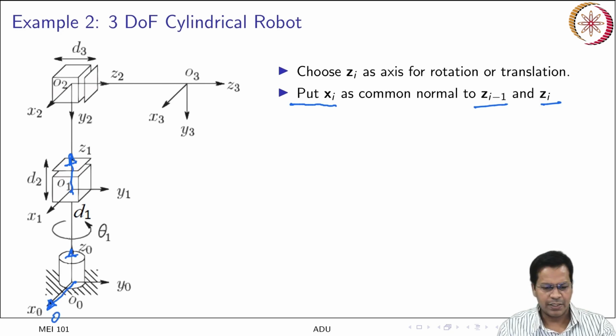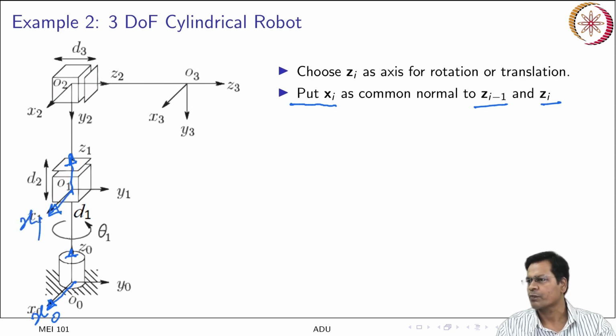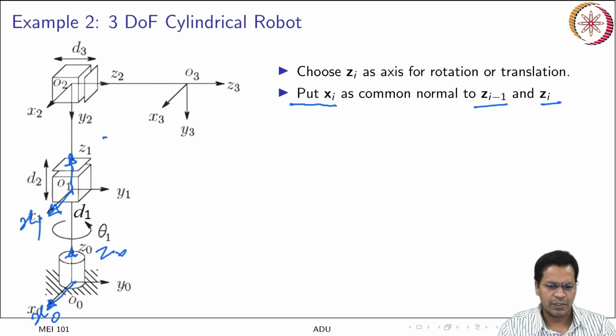I will quickly put it like this. This is your x1 also. So this is z0, this is z1, and the common normal to that is x1.